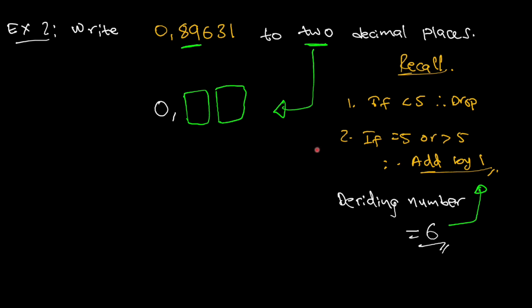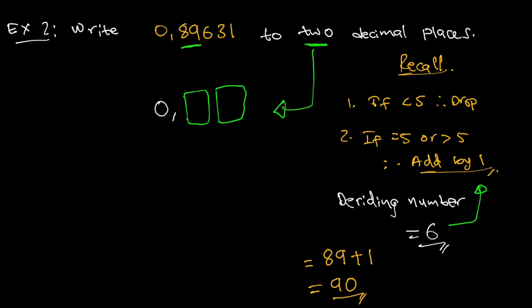Now I'm going to have my underlined numbers as follows. My underlined numbers are 89 plus 1. So what do I have? 89 plus 1. That is 90.